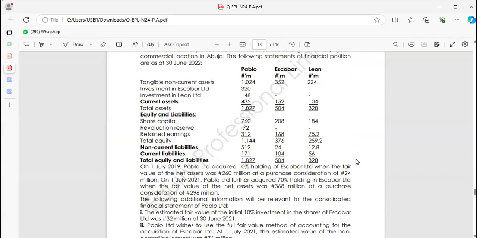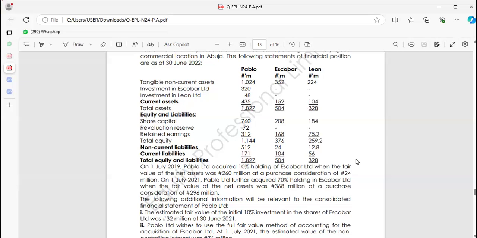On 1st July 2019, Pablo acquired a 10% holding of Escobar when the fair value of the net assets was 260, at a purchase consideration of 24 million. On 1st July 2021, 2 years later, Pablo Limited further acquired a 70% holding in Escobar Limited when the fair value of the net assets was 368.